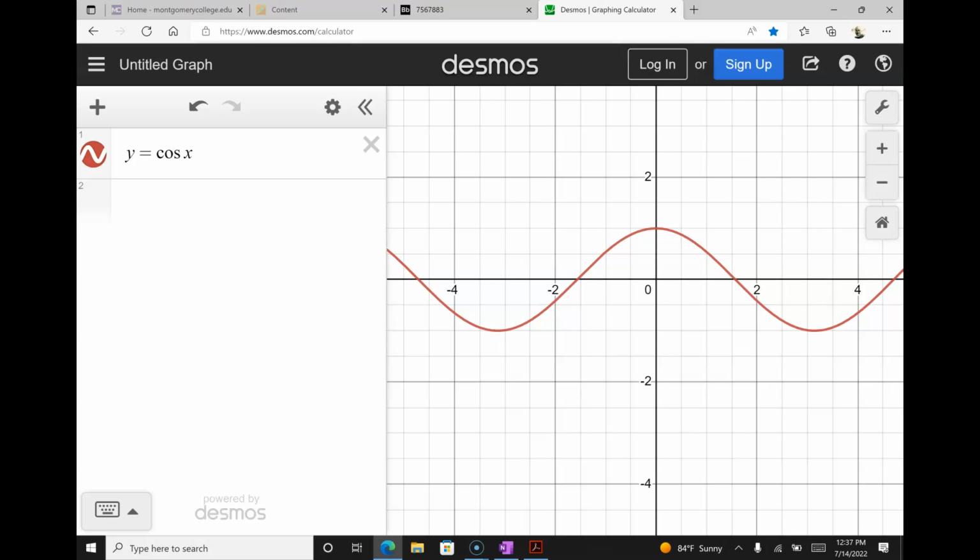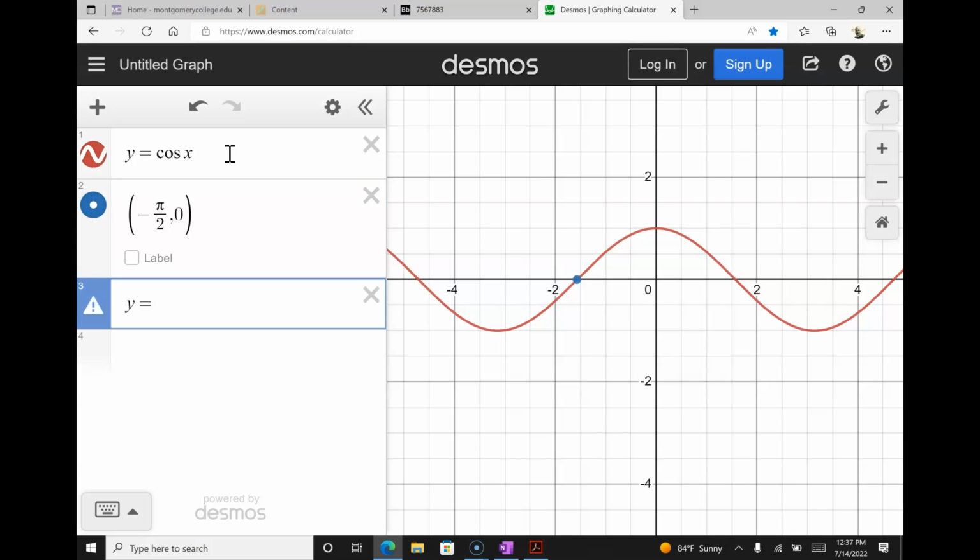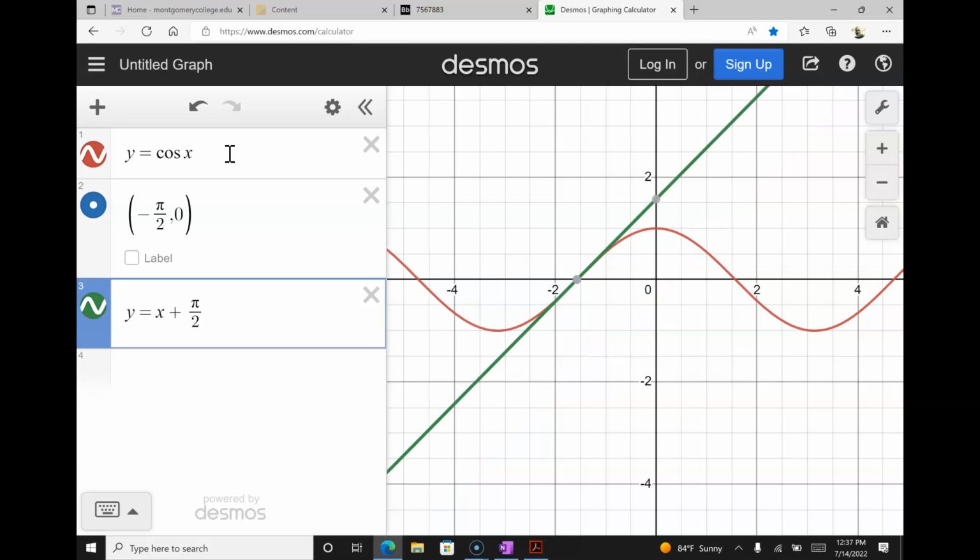I have the point minus pi over 2, comma 0, making sure I've got the right point, yes, right? And I have the tangent line, y equals x plus pi over 2. Boom.